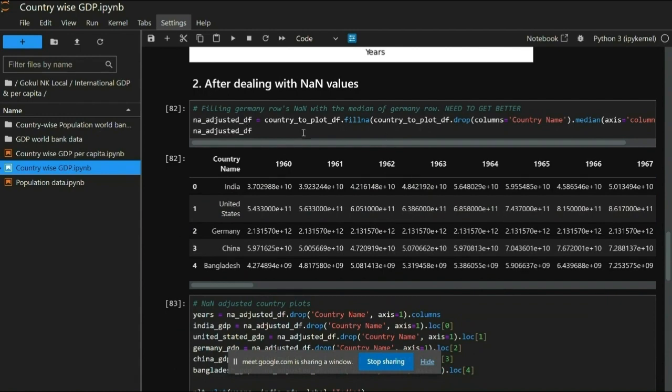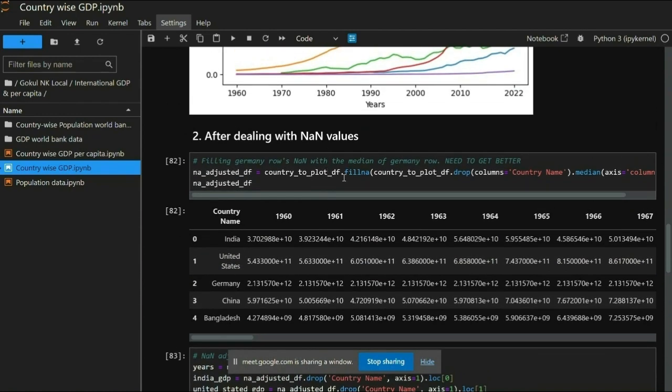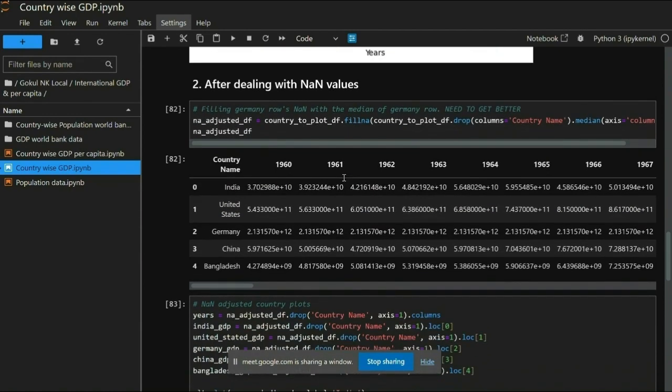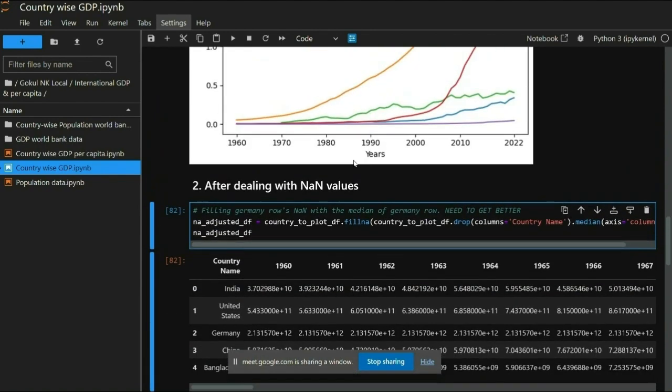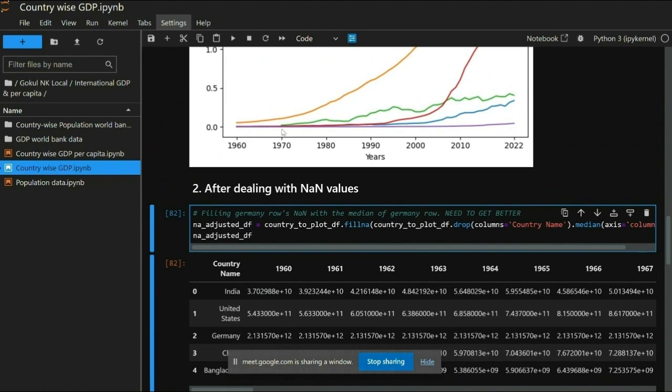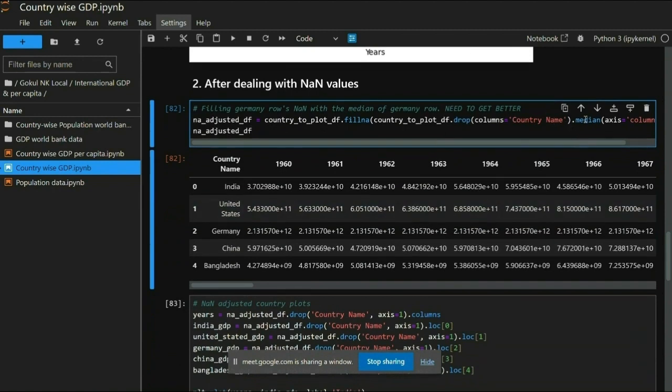For 1960 to 70, the GDP data for Germany is unavailable, so we are handling the NaN values by finding the median of the entire row for Germany.